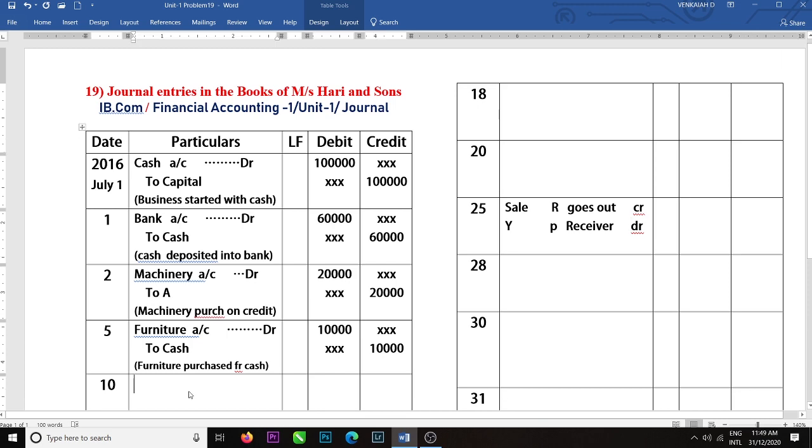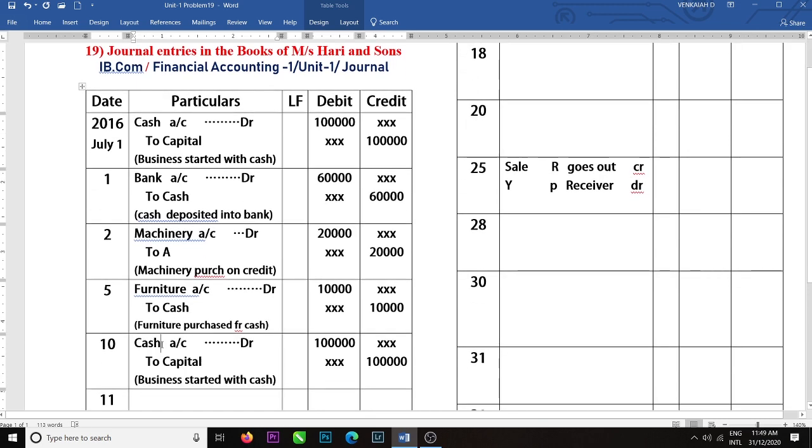Now the entry is Y account debit to sales account. Whenever goods are sold, we record goods as sales.